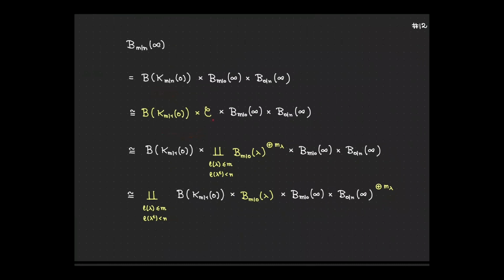And then we know that this crystal C can be viewed as a disjoint union of the crystals of GL_m with the multiplicity m_λ. And then this crystal can be viewed as a disjoint union over λ of this crystal.